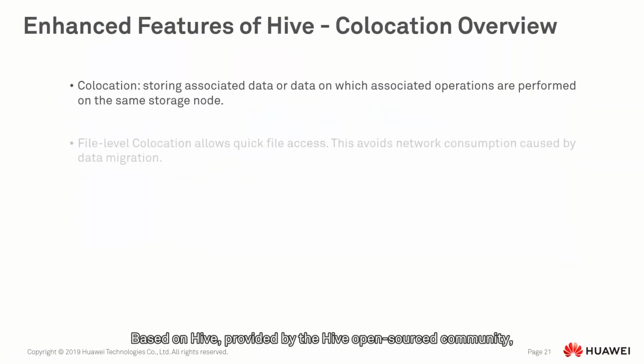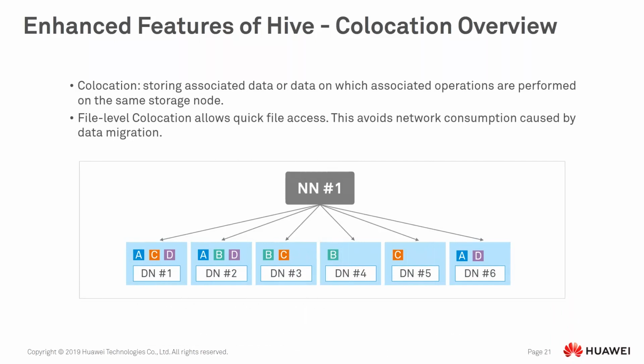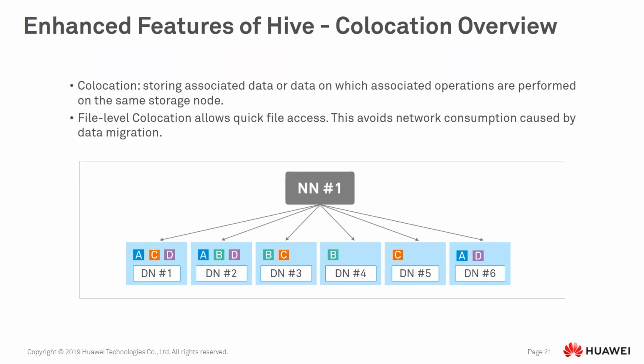Based on Hive provided by the Hive open source community, Hive in FusionInsight HD has a lot of features customized for enterprises, such as colocation table creation, column encryption, and syntax enhancement. HDFS colocation is the data location control function provided by the Hadoop Distributed File System.